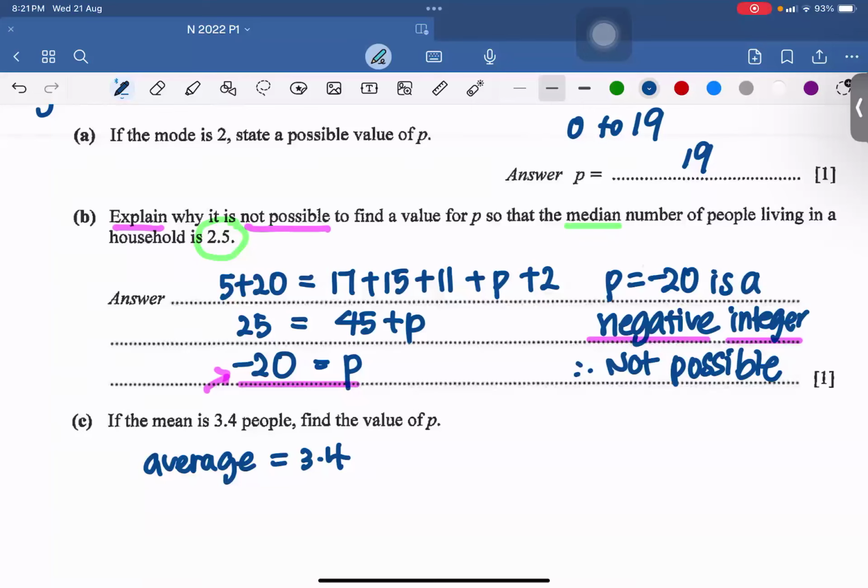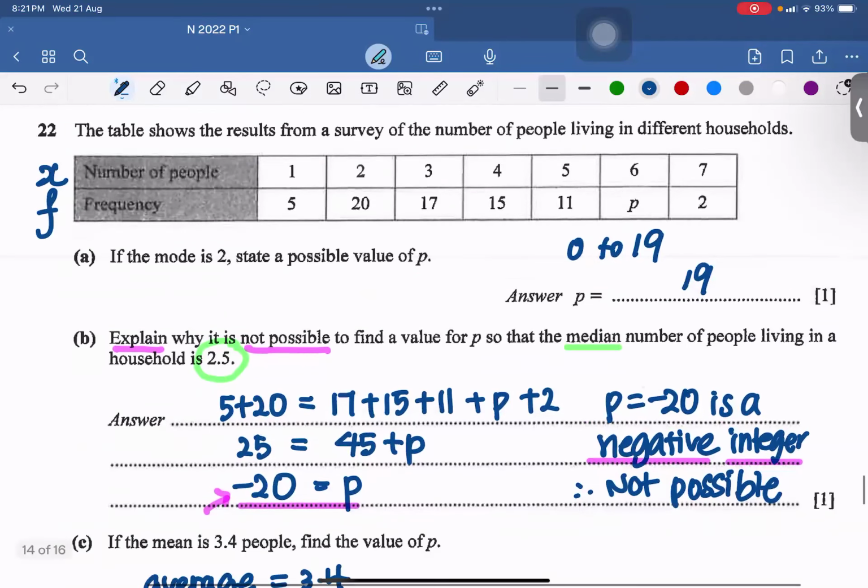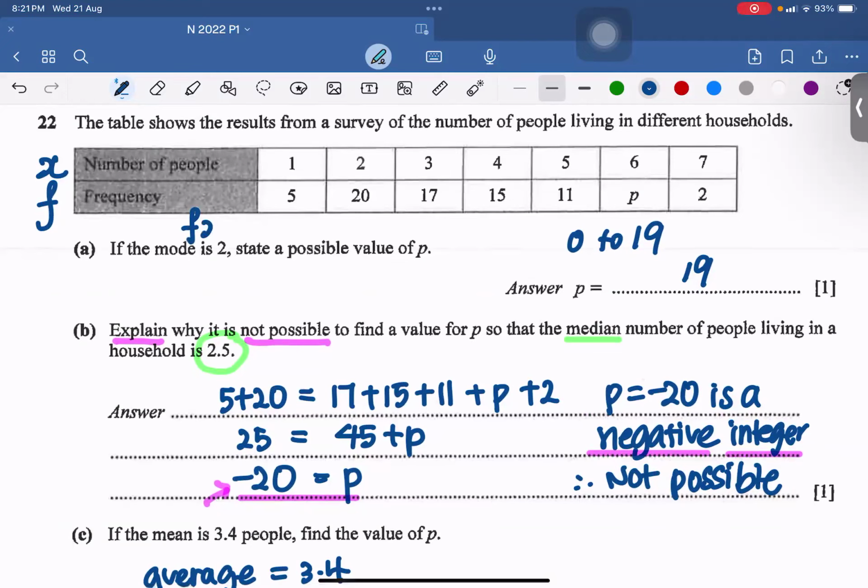Before we find average and calculate mean, I must do F times X first. 1 times 5, 5. 2 times 20, 40. 3 times 17, 51. 4 times 15, 60. 5 times 11, 55. 6 times P is 6P. 7 times 2, 14.